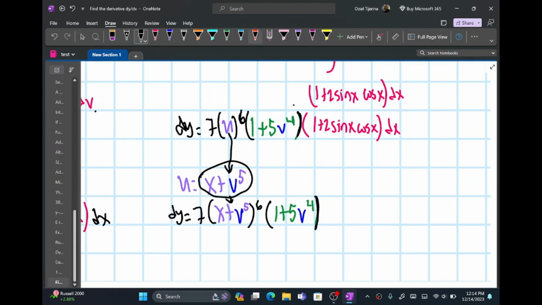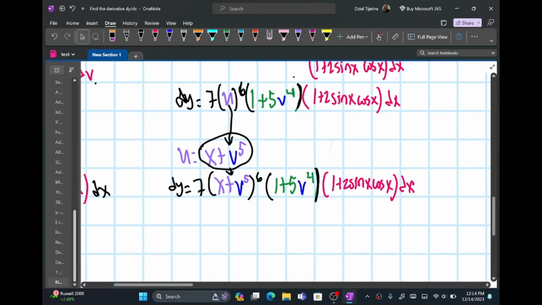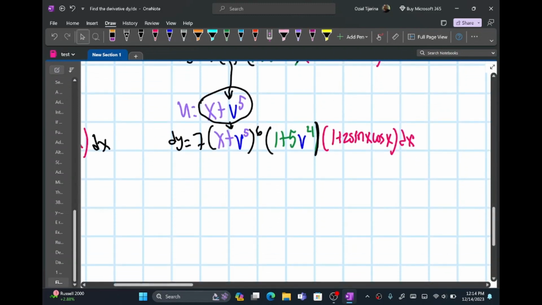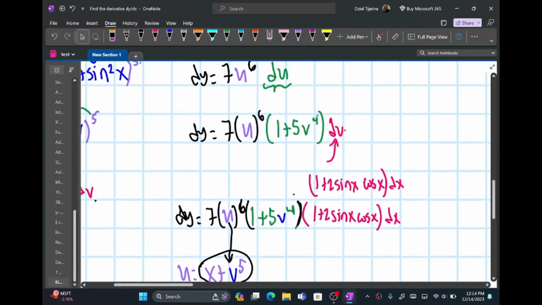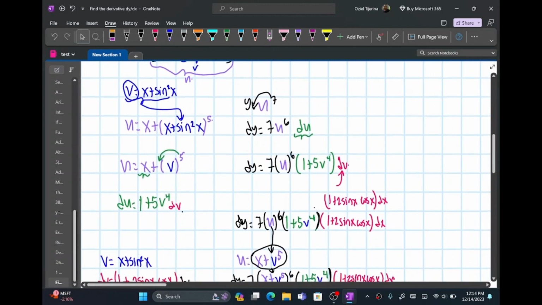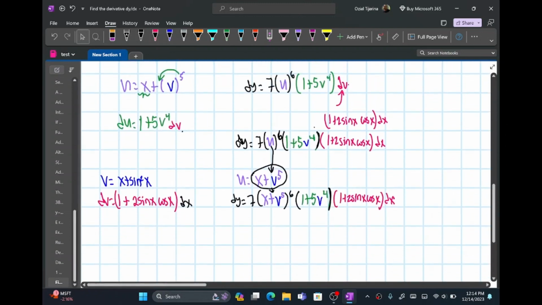So then we're just going to multiply times 1 plus 2 sine x cosine x dx. Now, we're almost there, so we're going to just substitute the v into this, and I'm going to do it with respect to x.